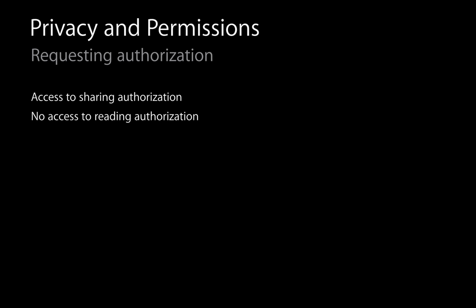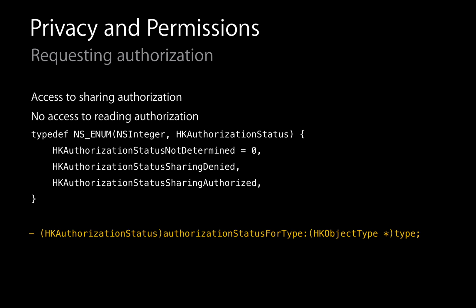This is because for some kinds of information, knowing that the user blocked your app can be just as private as knowing the data itself. For example, if a user were to block your app from reading their blood sugar, it might indicate that they're diabetic, and we don't want to leak this information. You can check your authorization status for a particular type using HKHealthStore's authorizationStatus(for:).